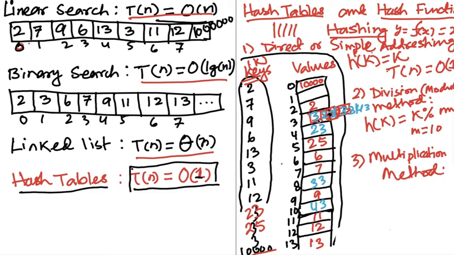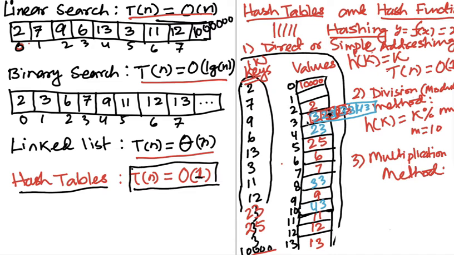For 3, 23, 33 and 43, for all of these numbers whose value modulo 10 is 3, the original position is expected at index 3. But since index 3 was occupied, we are looking for the next empty position. For 23, we got the first empty position, so we put 23 over here.